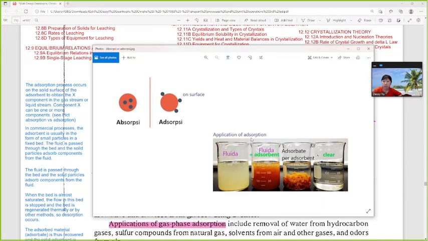And for the application of adsorption, here the first beaker glass contains fluid, and then the second beaker glass has fluid plus adsorbent, and in the third beaker glass you can see two clear components, the fluid and the adsorbent, and the last is a clear beaker glass with the fluid.